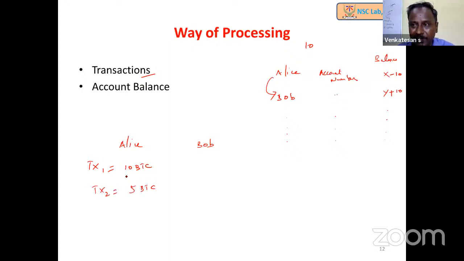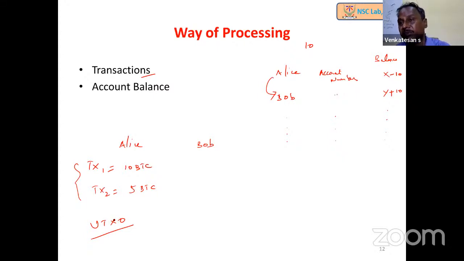So Alice is having the transactions. Now Alice is not having the total, so the account balance is not maintained. Alice is having only the transactions with her transaction pool, which is considered as UTXO, that is unspent transaction output, which is available with Alice.